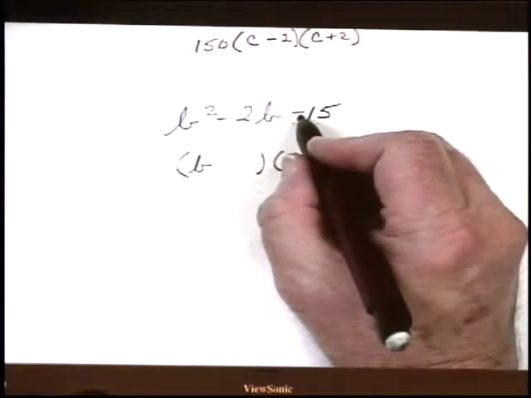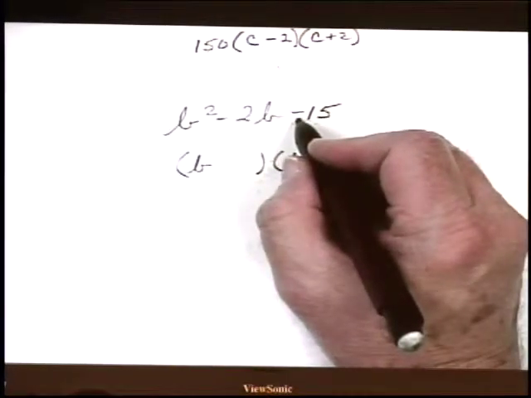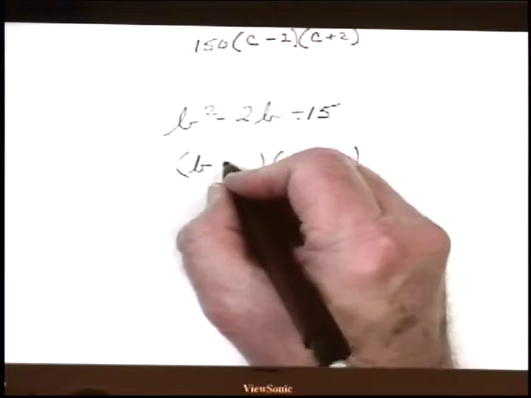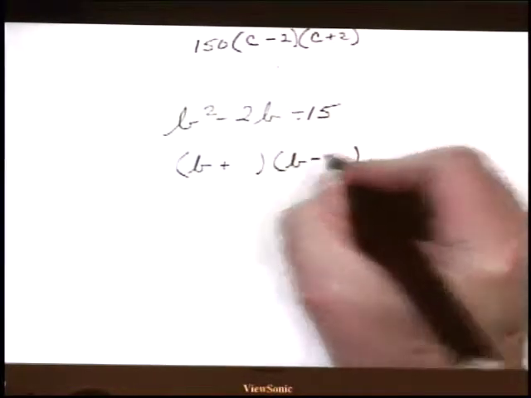And if they're both positive, it's going to be a positive 15. The only time the product is negative is when the two factors that you multiplied together to get that product have different signs. So this is negative, so one of these is going to be plus and one of them is going to be minus.